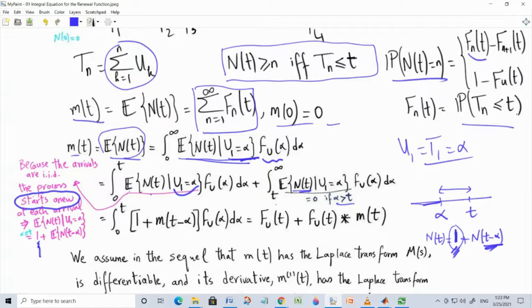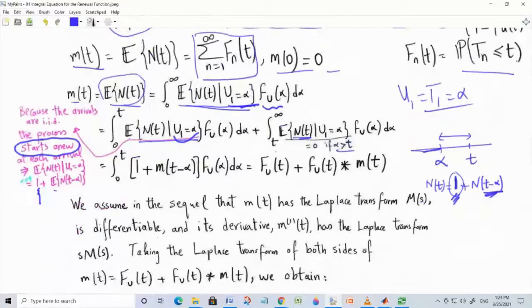The only thing is that the boundary condition, rather than being N of 0 equals 0, will be whatever number of arrivals you already have in the system. Hence this expectation can be written as 1 plus the expectation of N of t minus alpha, and that's small m of t minus alpha.